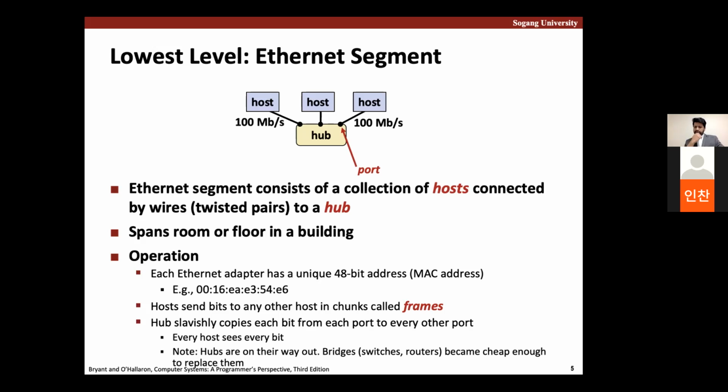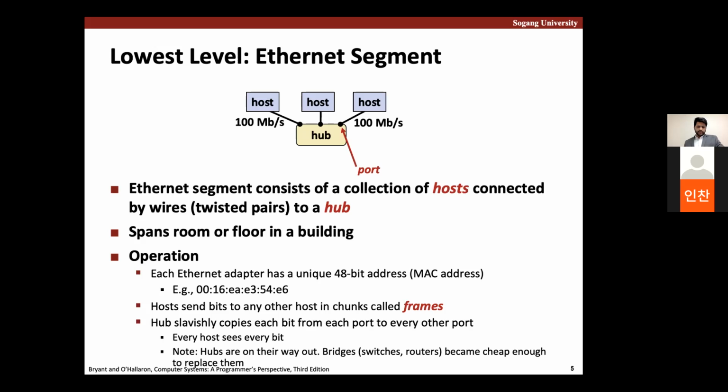One end is attached to an adapter on the host machine, and the second end is attached to a port on the hub. Each of these Ethernet adapters has a globally unique 48-bit address, which is stored in non-volatile memory on the adapter. So the adapter has a non-volatile memory chip that can store this unique 48-bit address. Furthermore, a host can send a chunk of bits called a frame.